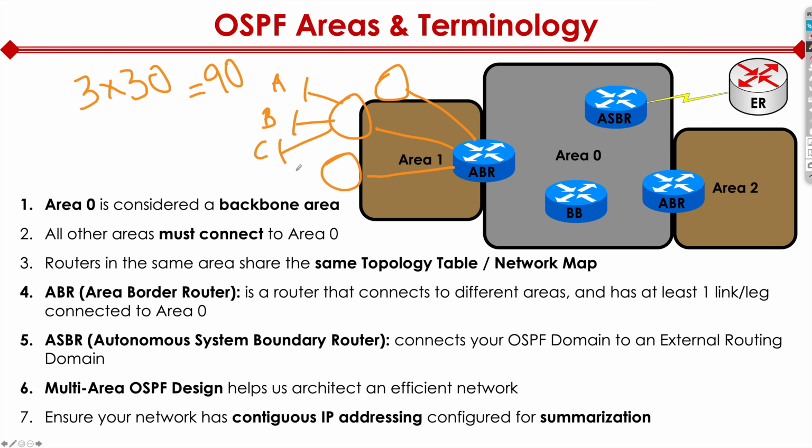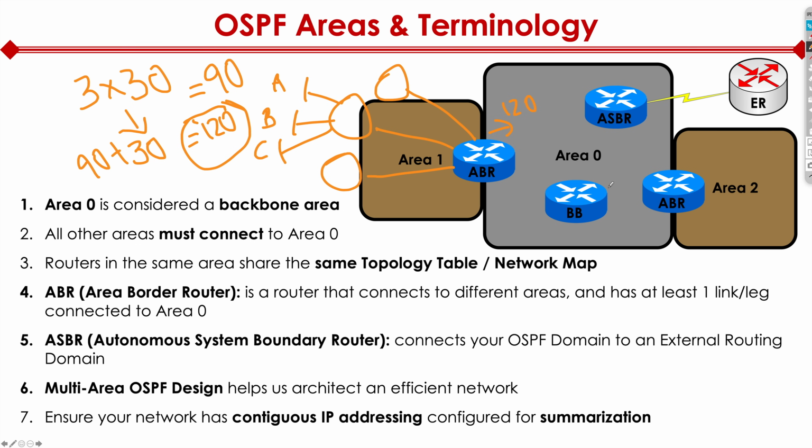But not only that, this doesn't even include all the links. So the 30 routers, each router is going to have at least a single link. So assuming we only have a single link design, we don't have redundant circuits, that's 90 plus 30. That equals 120 potential networks that will have to be flooded into this Area 0.